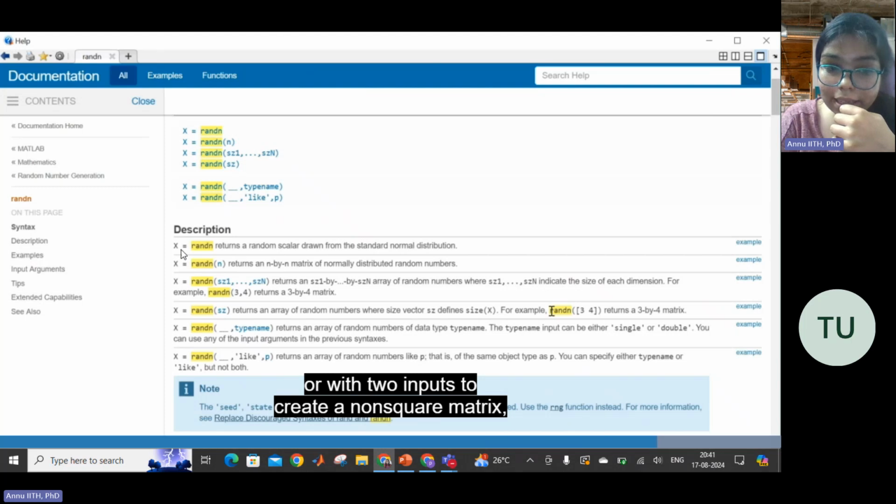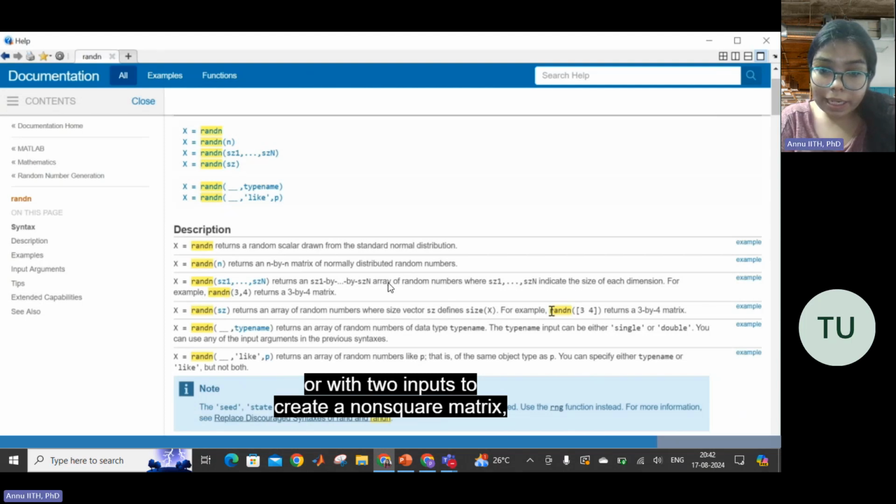So we have these three descriptions. If random is only used, it is giving you the random scalar drawn from the normal distribution that we have, 1 upon root over 2 pi sigma square e power minus x minus mu whole square divided by 2 sigma square. Okay. But if we have random with n, it is giving the n by n matrices of normally distributed random variables. Similarly, we can have many sizes.